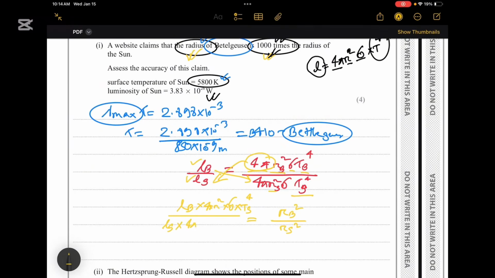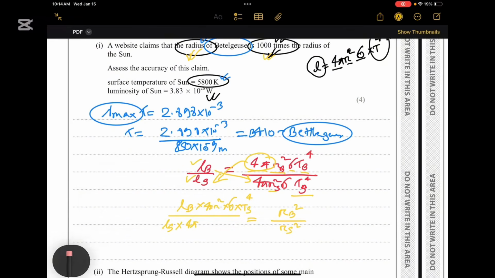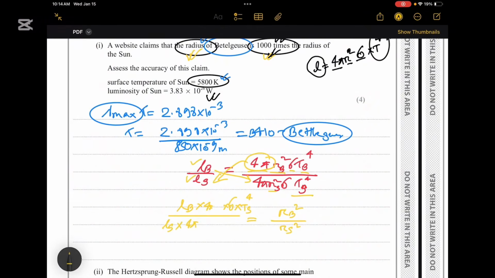Sorry, my bad, the r will not come here, because the r is already here. Only the 4 pi part will come: 4 pi into sigma into temperature to the power of 4 of Betelgeuse. Okay, so we have derived our formula.